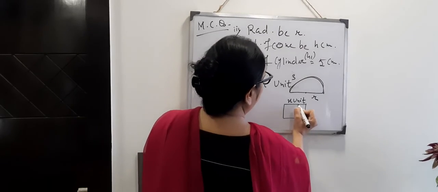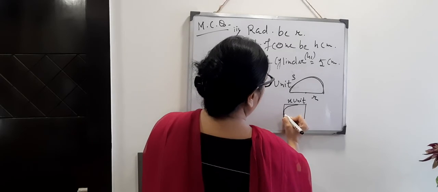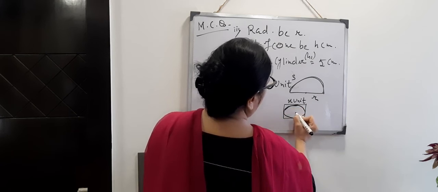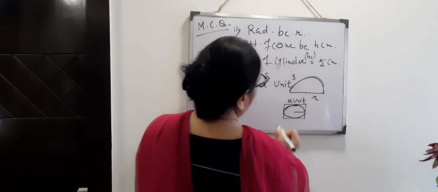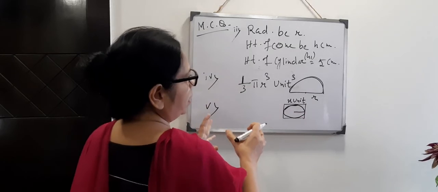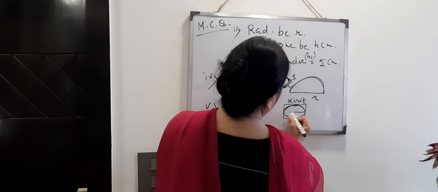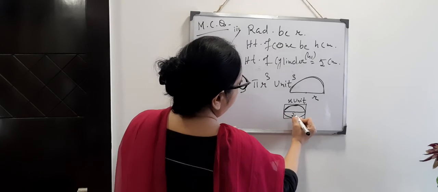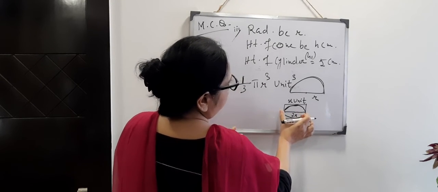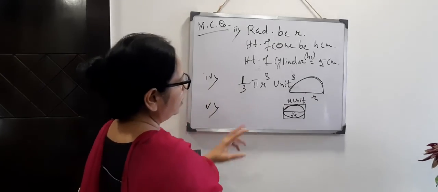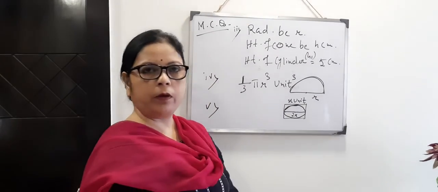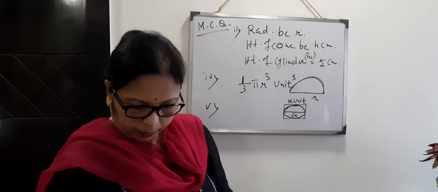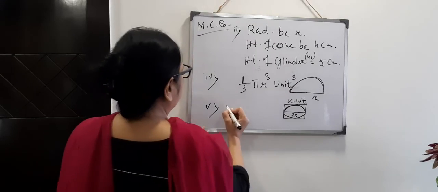From here, if the largest sphere is cut out here, then the length of diameter of the sphere, this is radius and this is diameter. Now from diagram you are seeing that diameter of the largest sphere is same as the edge of the cube.